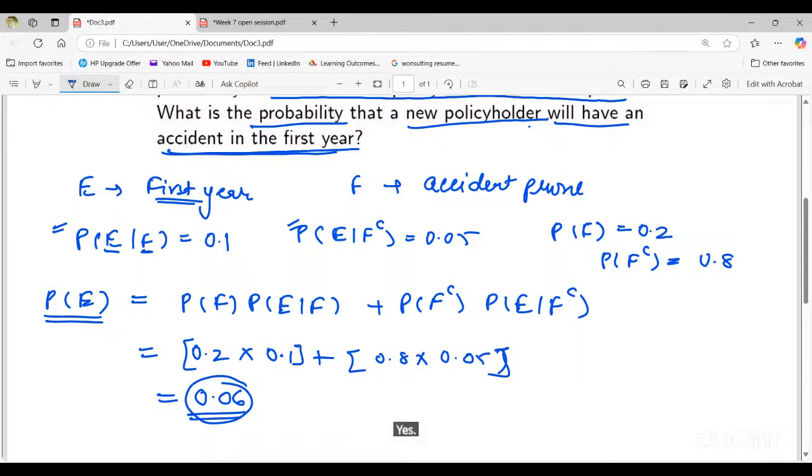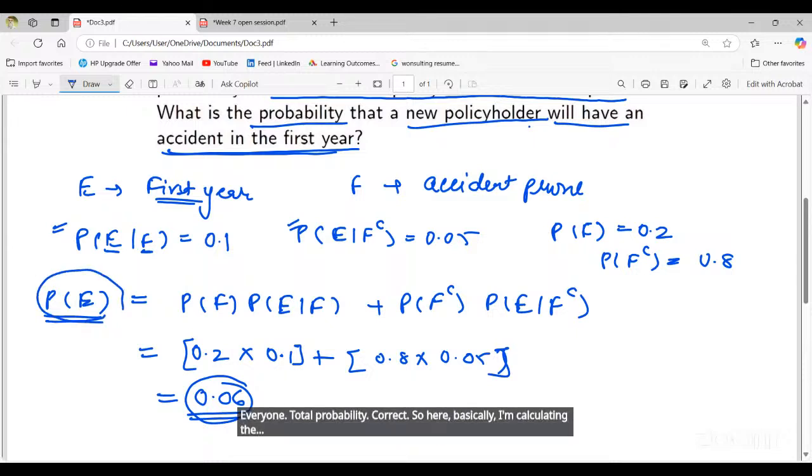Everyone, we are using the law of total probability here. Basically, I'm calculating the probability of the people who are having an accident in the first year. There can be two cases: when they are accident prone, and when they are not accident prone.